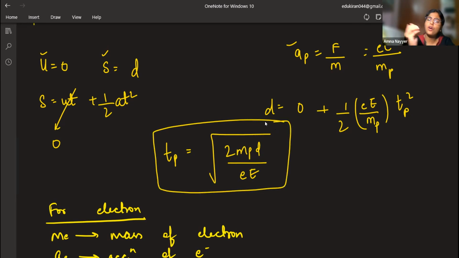All right. Now for electron, what will be the difference in this? Can anyone tell me without even calculation? What all quantities will remain same? What will be just a slight difference in the answer of time period of electron? Anyone from the class? See, you have got the formula for time period of proton. If we have to find out time period for electron, what is it going to be?